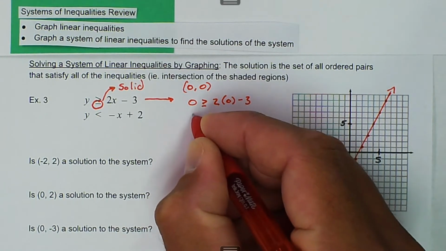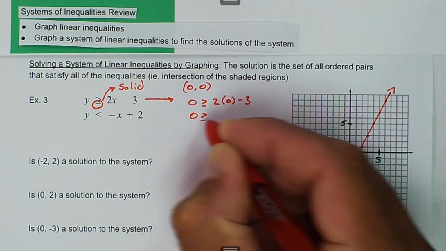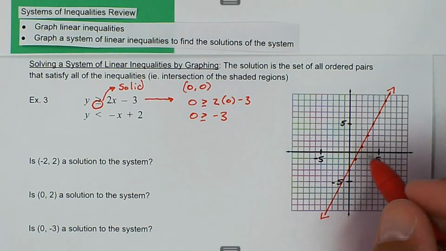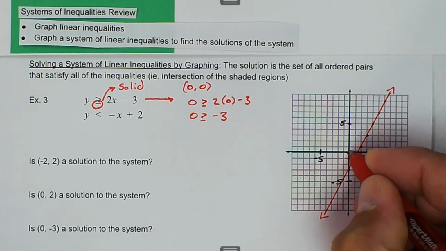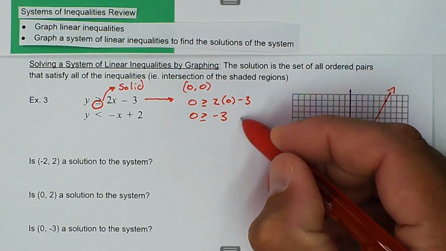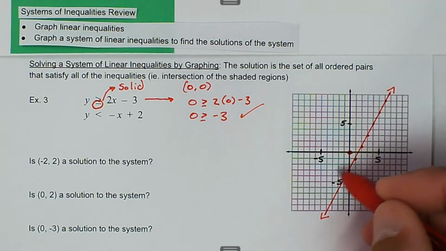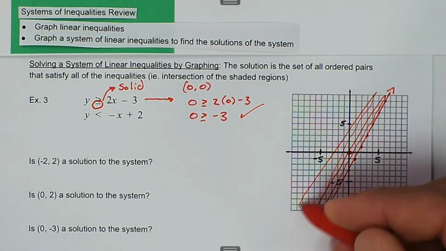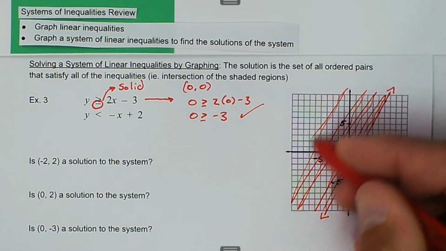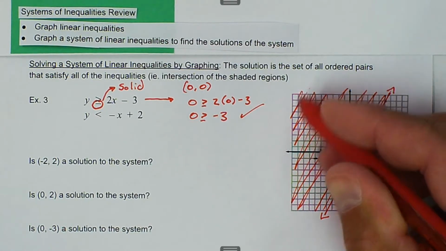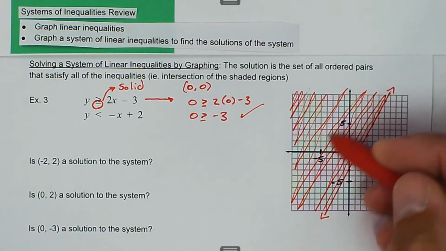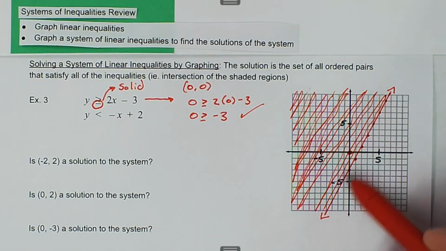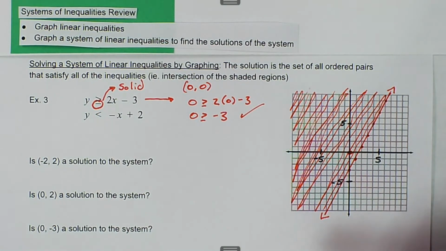So that drops out, and we're left with 0 is greater than or equal to -3. So is that true? Yes, that is true. So we're going to keep the line shaded on this side. This is like showing our work, like solving an algebra equation. This is just reminding myself that yes, I'm shaded on that side of the line.